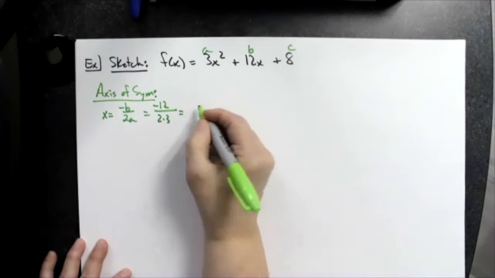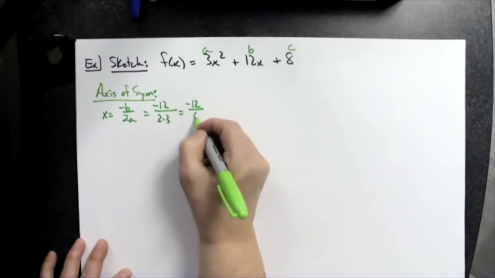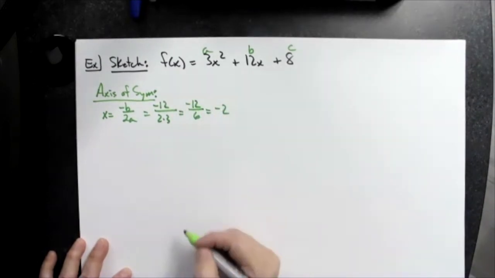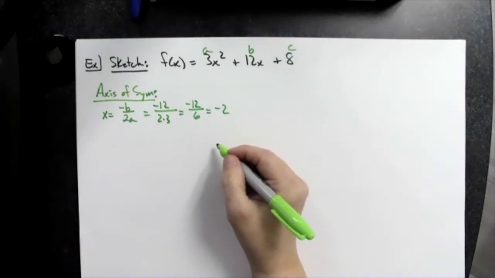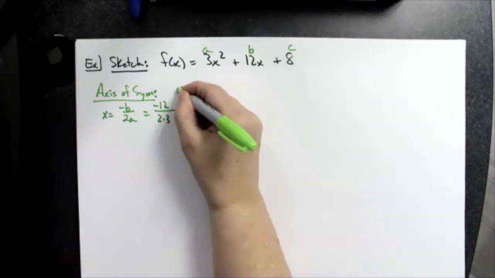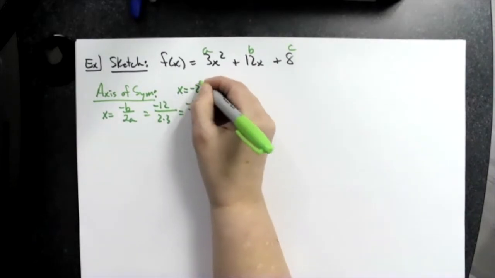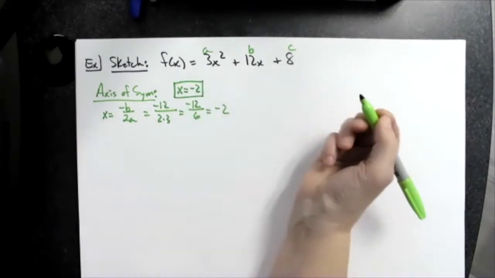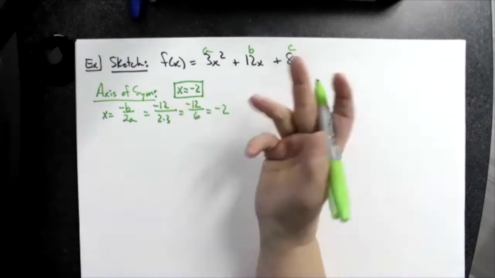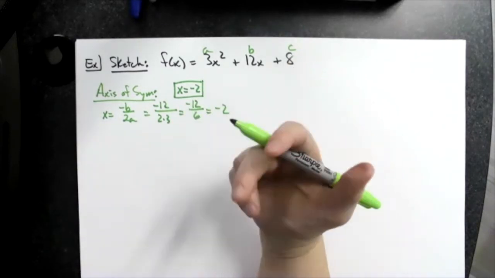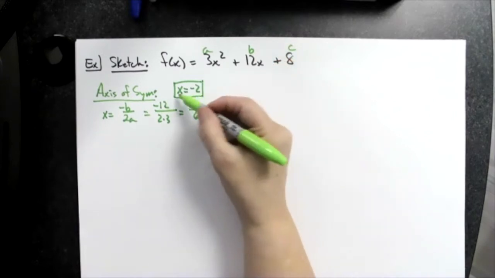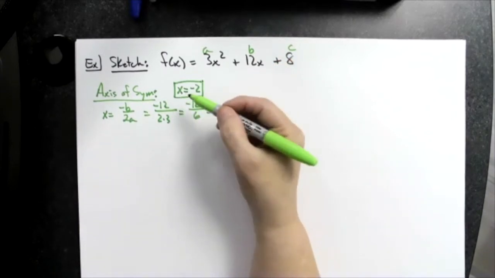Negative 12 over 6 gives me negative 2. If I write that as the equation of the vertical line, it's x equals negative 2. So when you write that axis of symmetry as your answer, just like we have done with asymptotes, we write it in the form of a line.